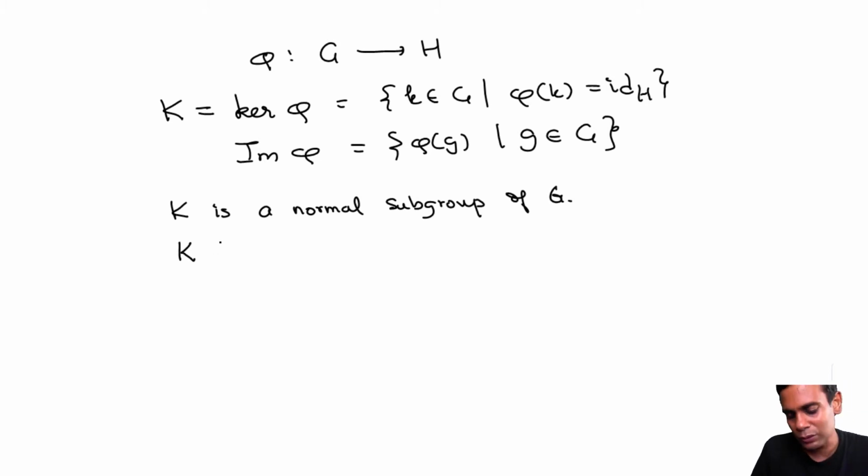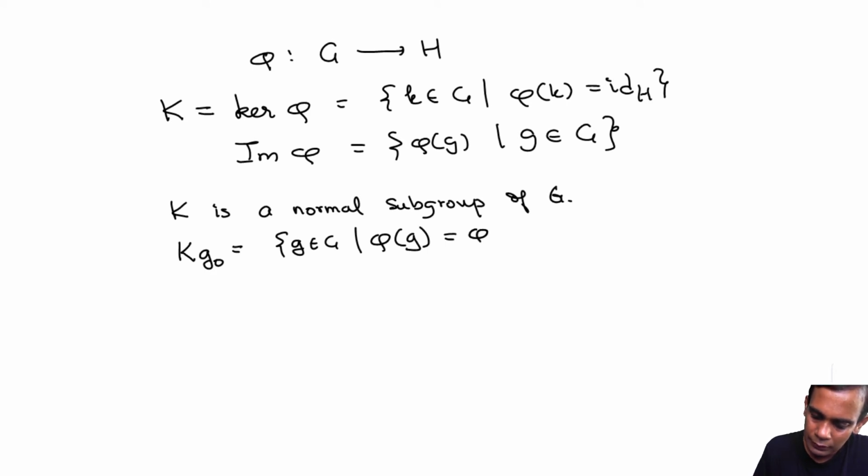So K is a normal subgroup of G, and what's more, the left cosets and right cosets are the same since it's normal. K g0 is the set of g in G such that phi of g is phi of g0. And so the cosets of K are determined by where they map under the homomorphism phi.